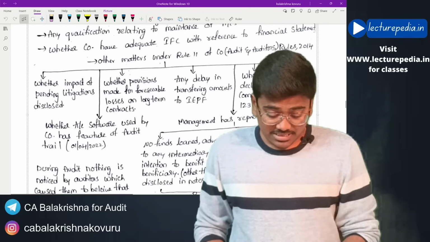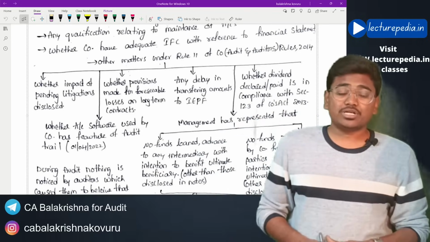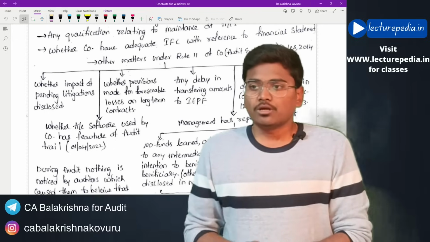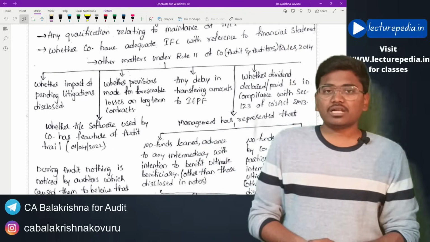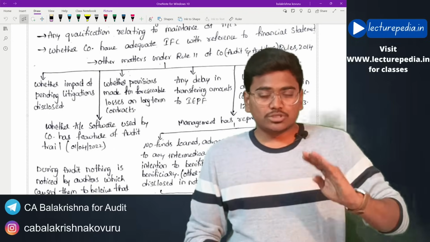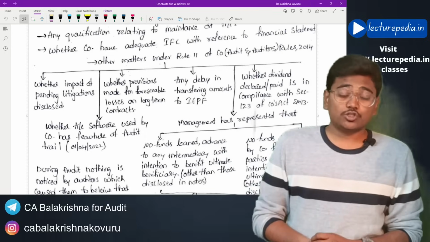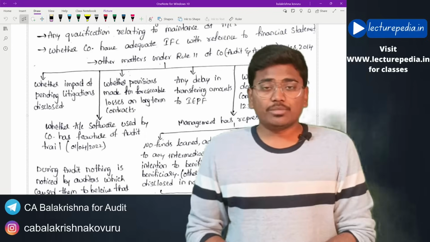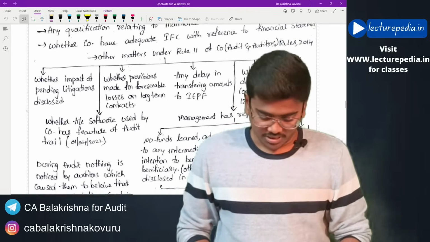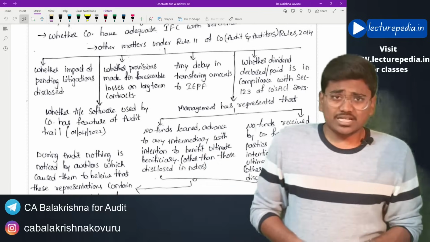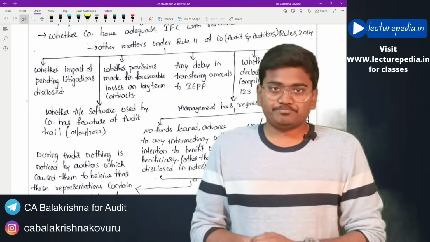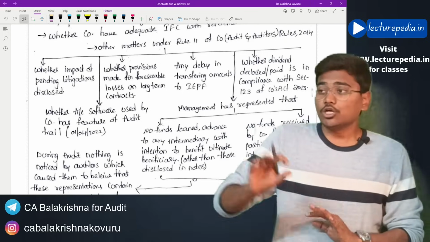And there are certain other matters that have to be reported under rule number 11. Basically in this rule number 11, earlier there were 3 points, those have been increased to 4, next to 5, and now there are 6 points that have to be reported under this rule number 11. What are the 6 points? First of all, whether there is any impact on the financials of the company due to any litigations.